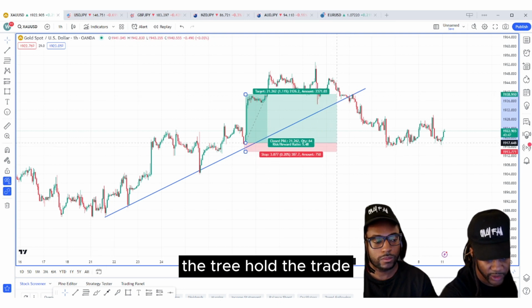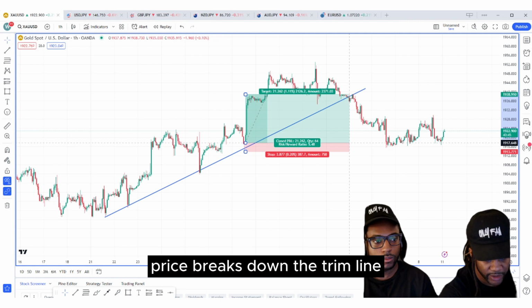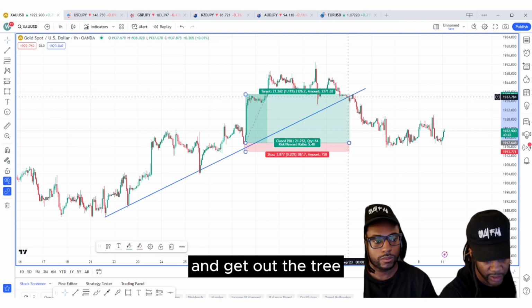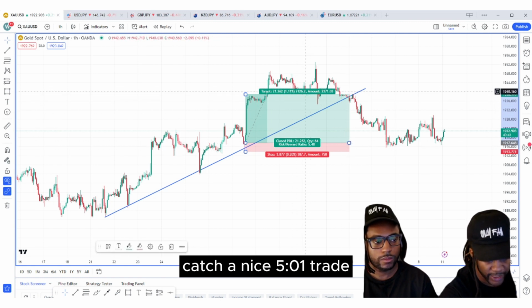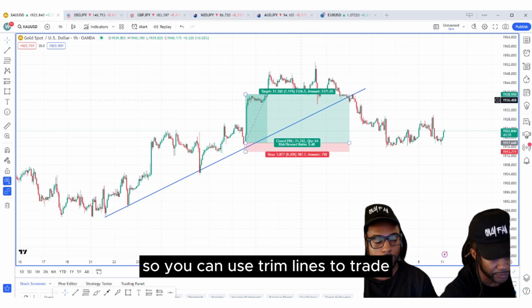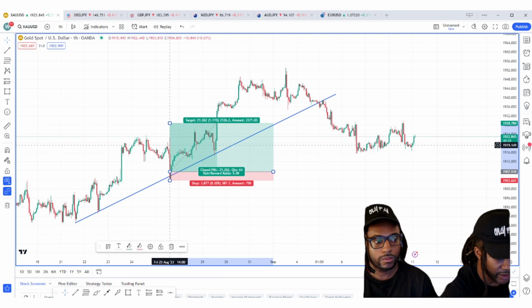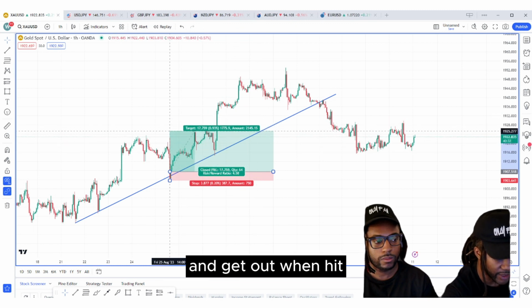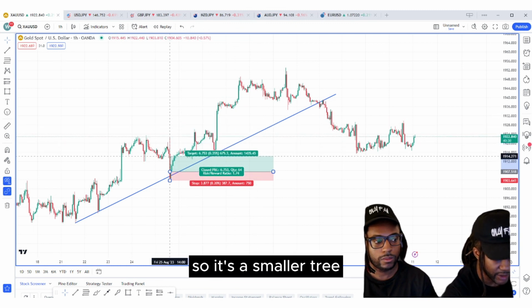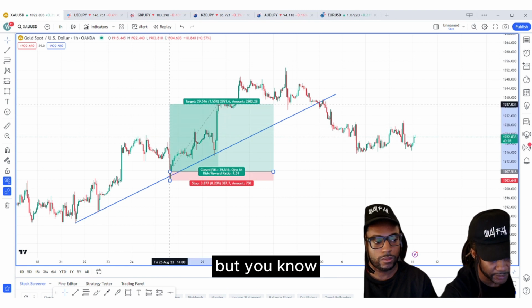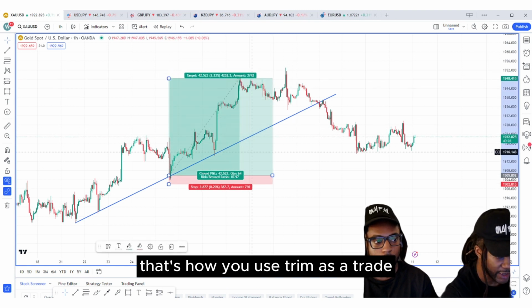So they'll hold the trade, and eventually right here, price breaks down the trend line. They'll get out of the trade right here on this candle, catching a nice 5-to-1 trade. So you can use trend lines to trade. You can even come out here, catch the trade, and then get out when it hits. It's a smaller trade, but this is how you use trend lines to trade.